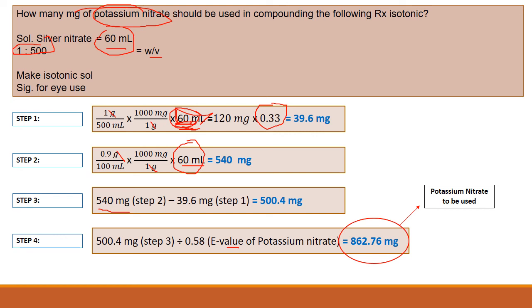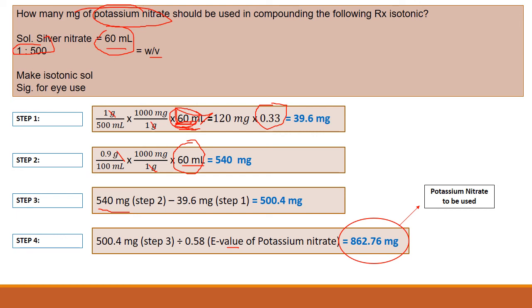'Di ba? Mo na siyang isotonic value sa ato ang sodium chloride. So you can write that as 0.9 grams per 100 ml in weight per volume. So you have to get the milligram equivalent. So you have to convert this to milligrams. So grams to milligrams and multiply it by the kaning solvent niya. So we have times 60 is equal to 540 milligrams.